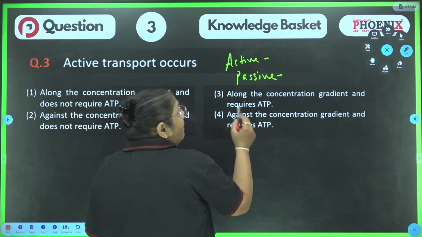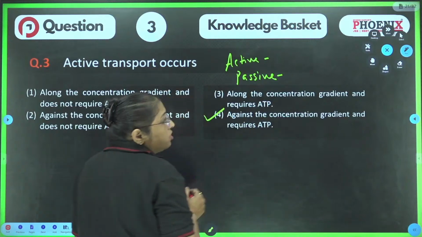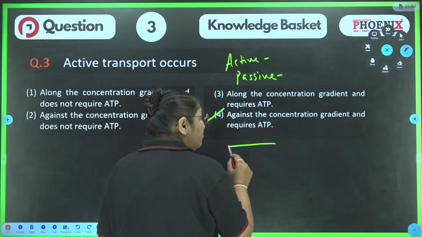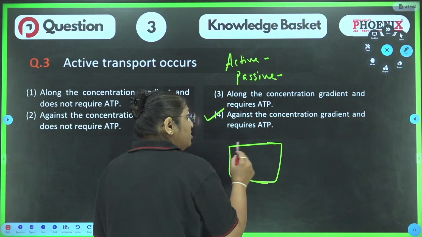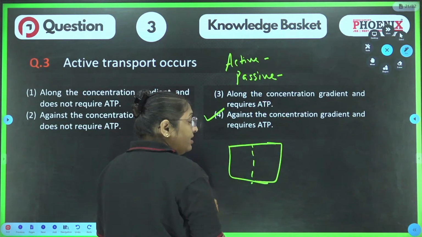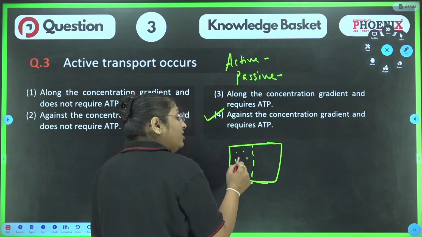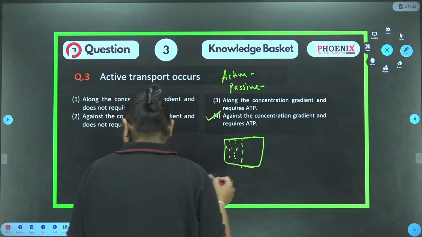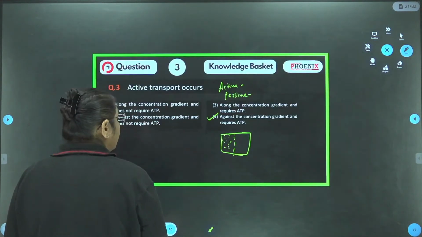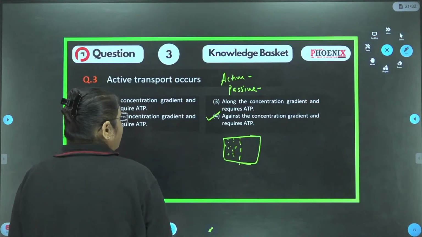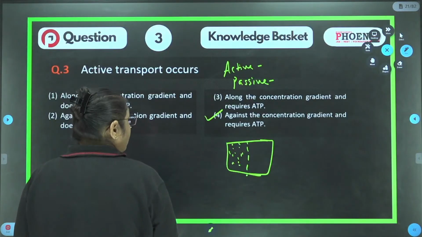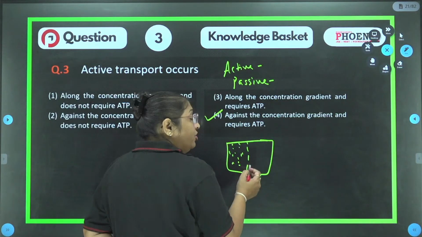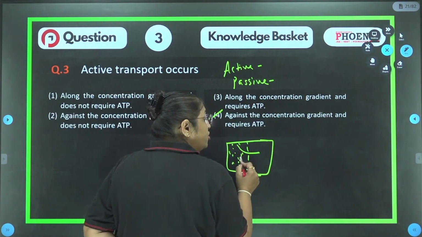Now it has to be against the concentration gradient. When we were studying osmosis, we understood that wherever there is a higher concentration of water, the movement of water molecules is from higher concentration to lower.